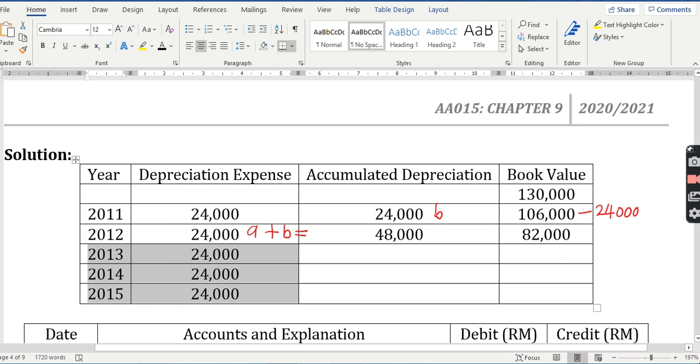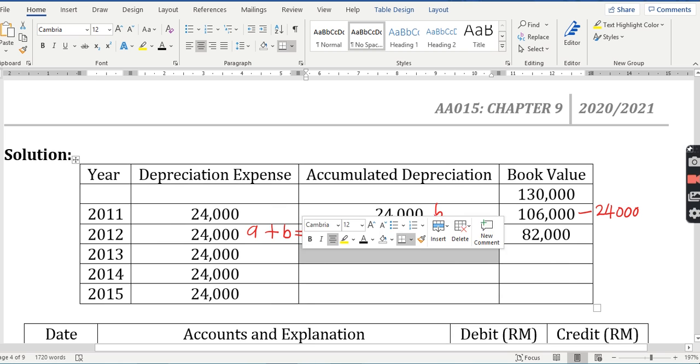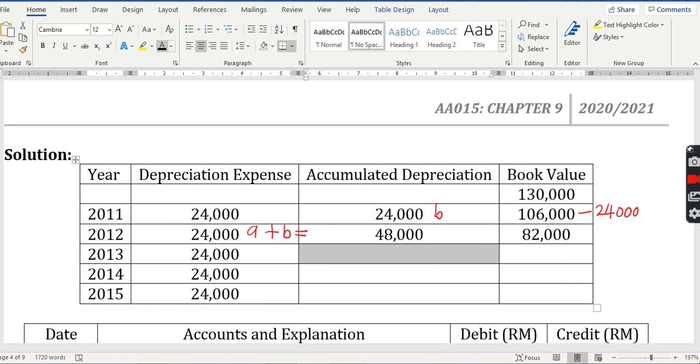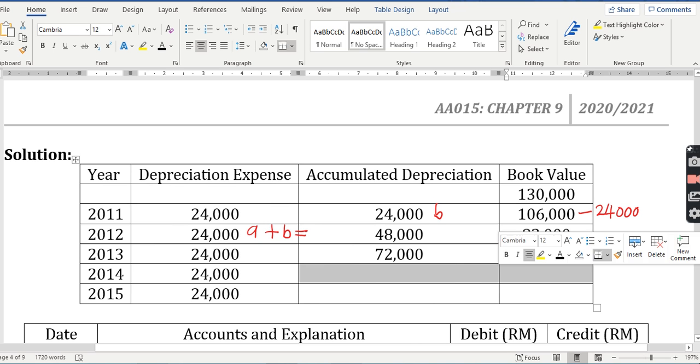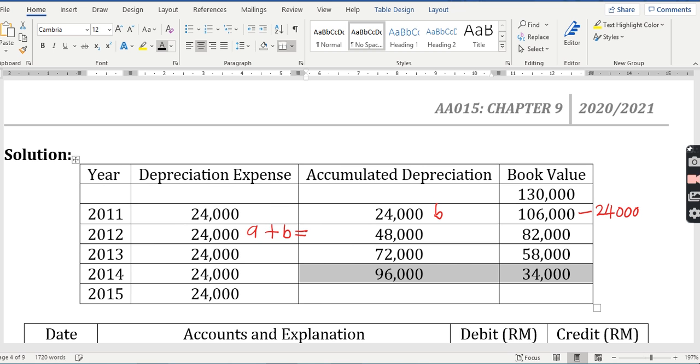So for 2013, the accumulated depreciation, you add up another 24,000, will be 72,000. That leaves you with a book value of 58,000. You'll be doing the same thing for 2014 and 2015 as well.